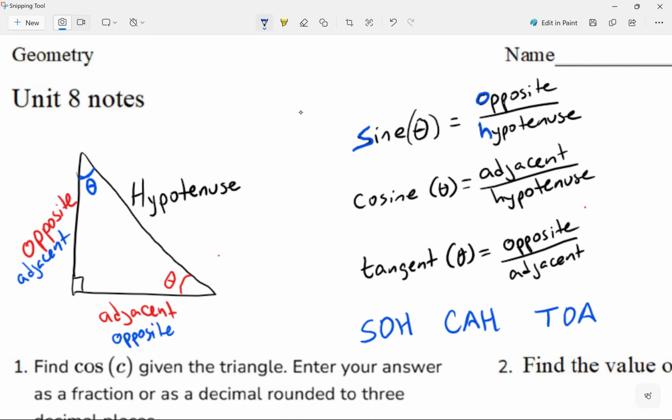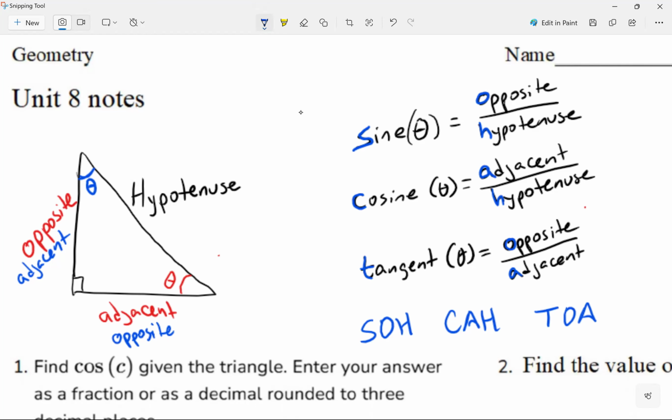Cosine is adjacent over hypotenuse. And tangent is opposite over adjacent. So it comes in the order that we see them.